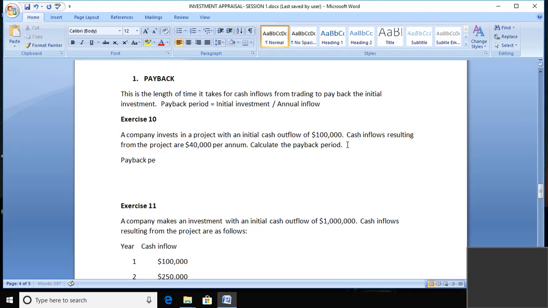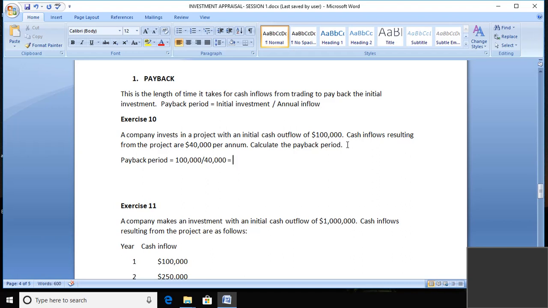So all you need to do is say payback period is going to be equals to, how much do we need to recover? It's 100,000. That divided by the amount of money we are receiving as cash inflows per annum. That is going to be 40,000. Okay, so tap that in your calculator.